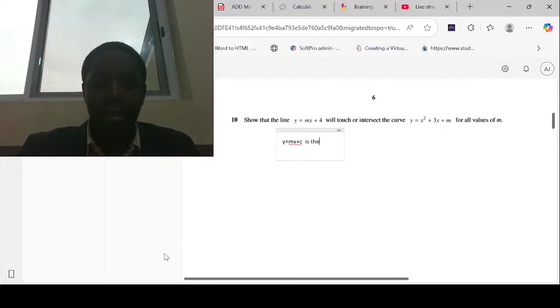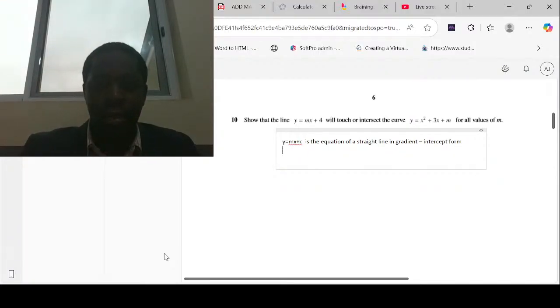The general equation of a straight line in gradient-intercept form.